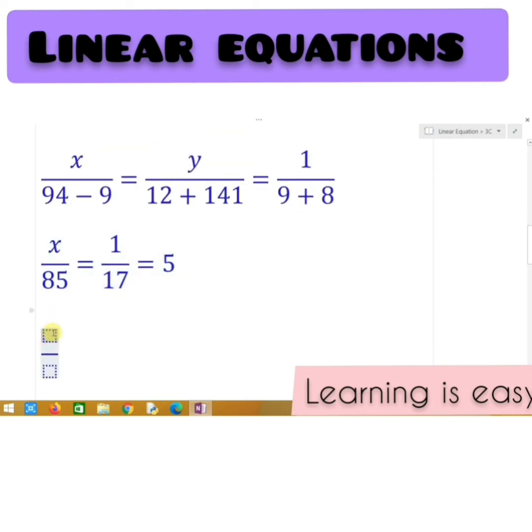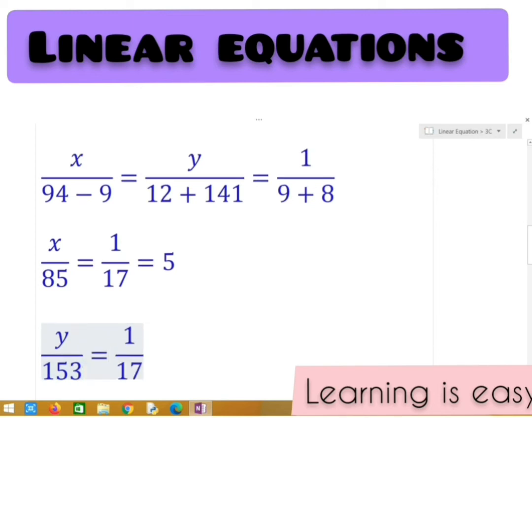Next, for the value of y, we need to equate it to the constant. y by 153 equal to 1 by 17. So that's 9. x is 5, y is 9.